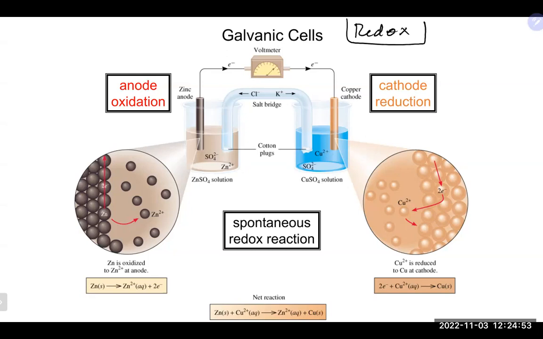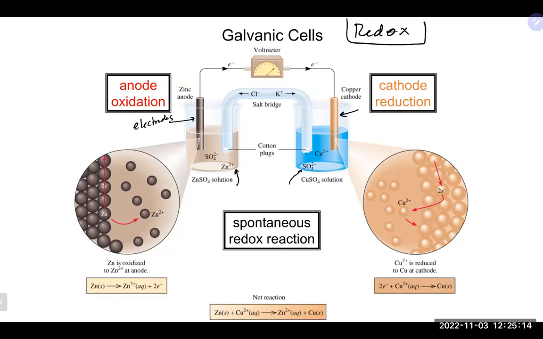So the basic parts to a galvanic cell is you can make it out of beakers there. And we have beakers that are filled with solutions, and in the solutions are ions. They are ions that are representative of our solid electrodes that we have here.